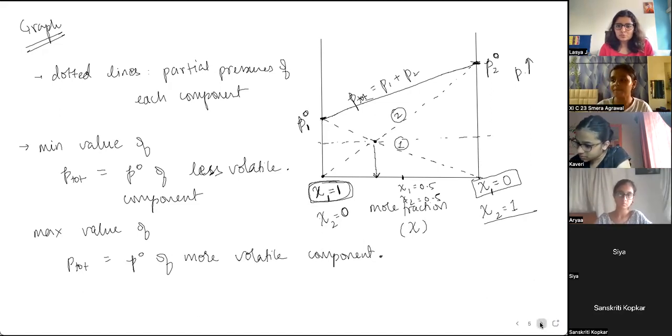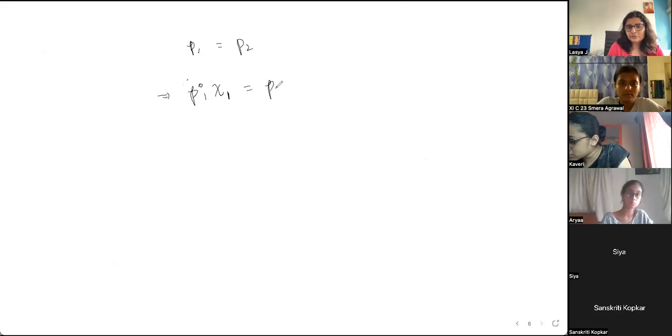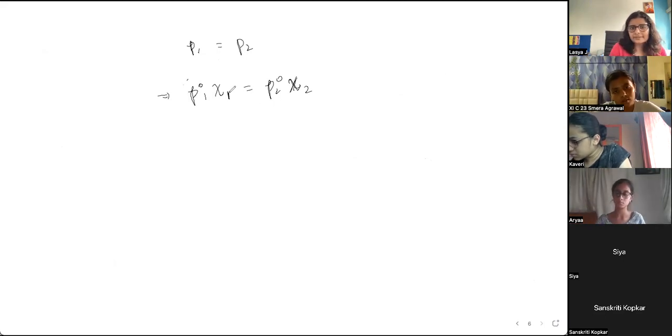All right. So you want vapor pressures to be equal in the gas phase, which means P1 naught chi 1 will be equal to P2 naught chi 2. Are P1 naught and P2 naught equal, Kaveri?